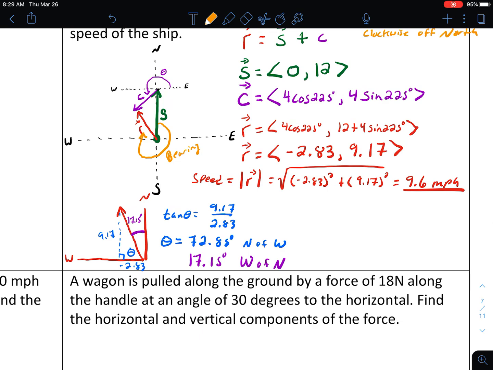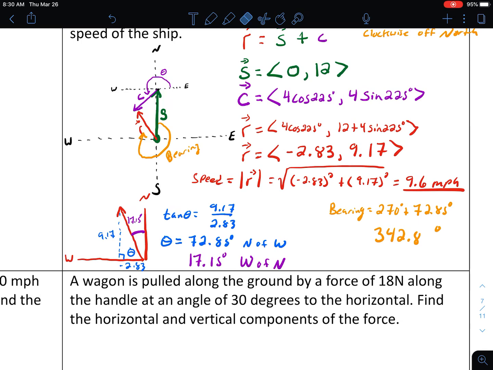That's my bearing. Well, our bearing in this case, looking at how it rotated, I would need to go 270 degrees plus the number of degrees we are in quadrant 2, which we said was 72.85.